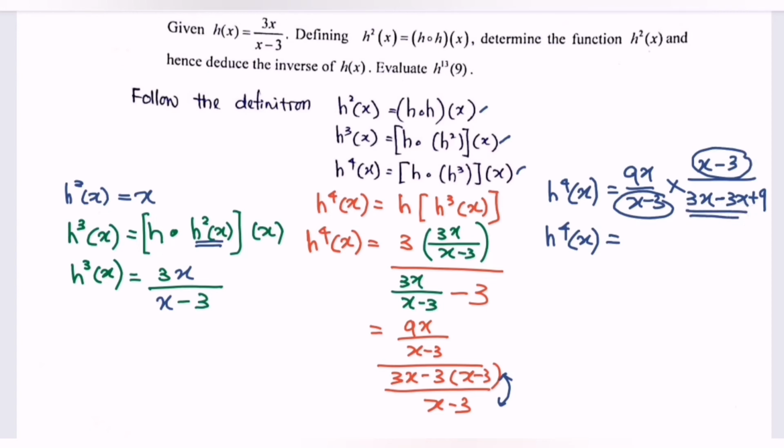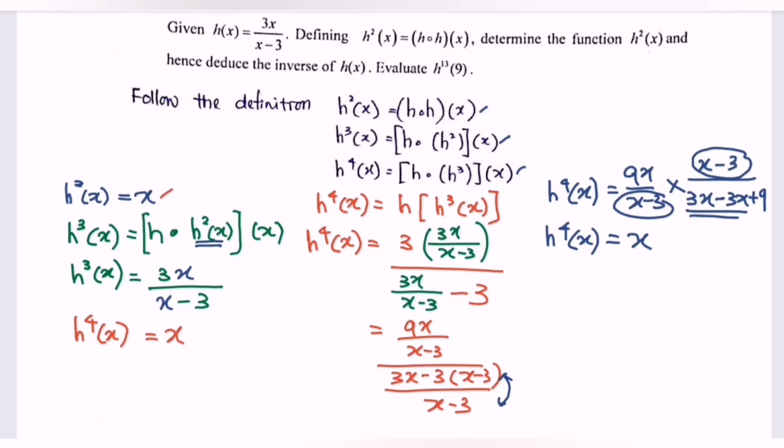So 9x over 9, we will have x. So based on this situation, we can have h to the power 4 x is equals to x. So from here, we can deduce the situation, meaning that h to the power 4, or we can say h squared x, based on the situation, deduce the inverse of h(x).